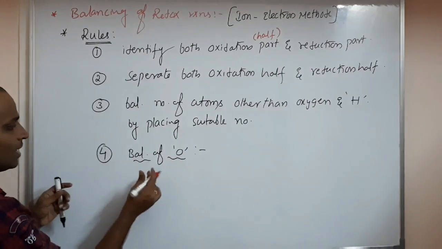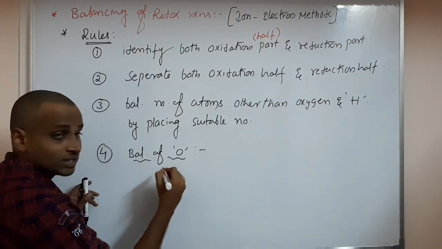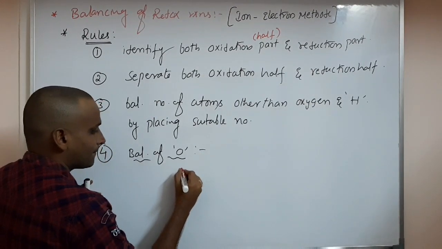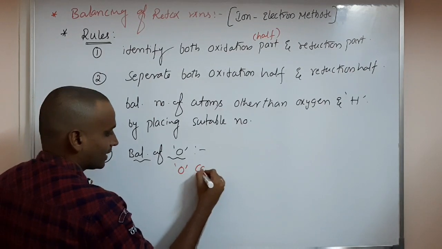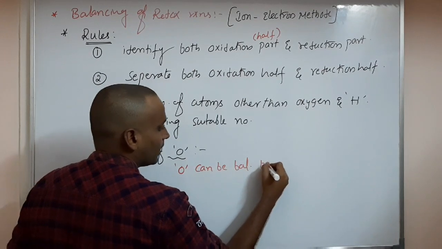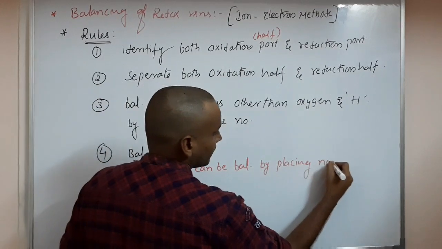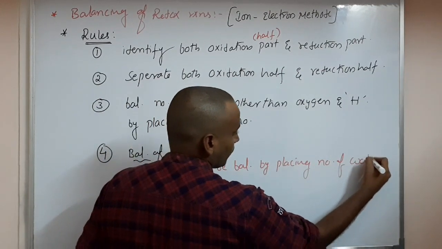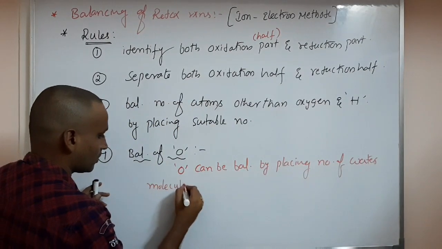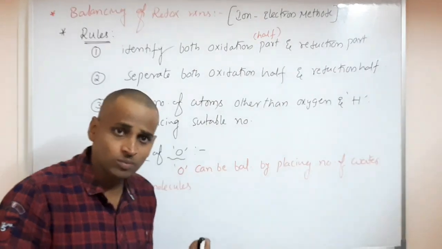So this is very, very important. Balancing of oxygen, I repeat. How will I do it, I will write here first. Oxygen can be balanced by placing water molecules. How many water molecules do I have to place?